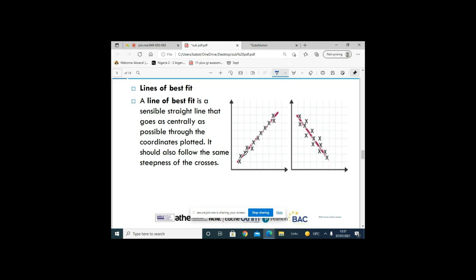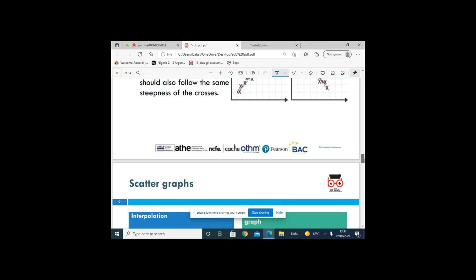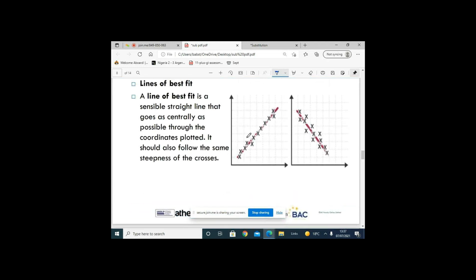So this is a line of best fit. You draw a straight line that matches up the coordinates, not all the coordinates, but it is central. And it must be a straight line, please. Don't start drawing curvy lines. It must be a straight line because it must have the same steepness.